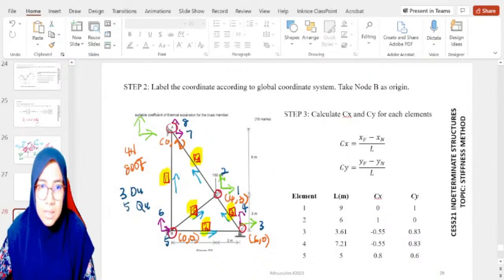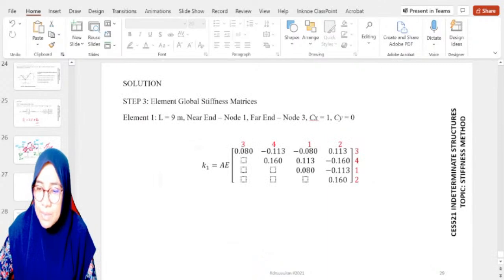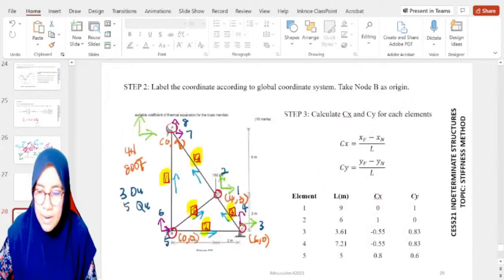Next, we need to calculate the element stiffness matrix, starting with element number 1. We look back at the diagram.